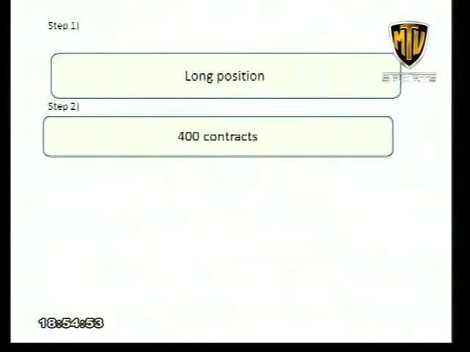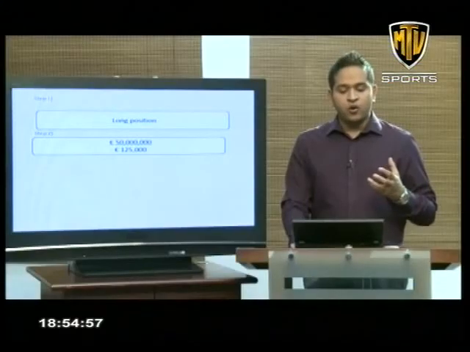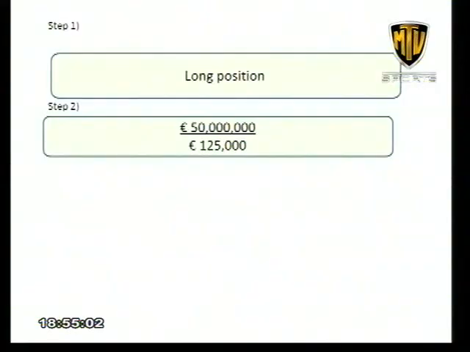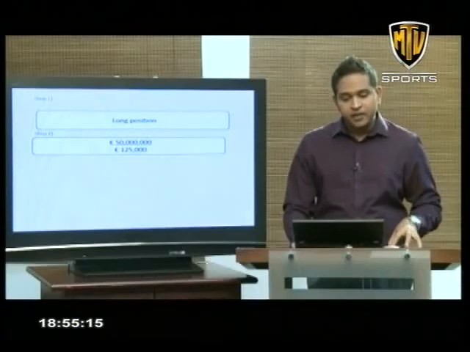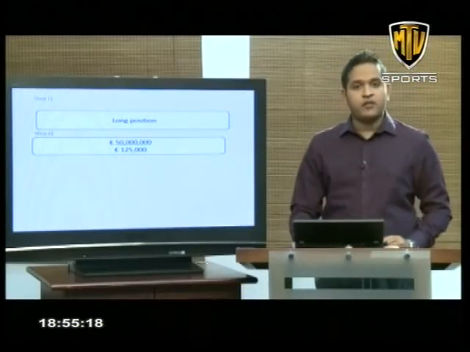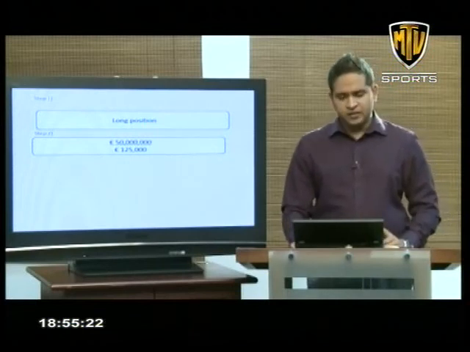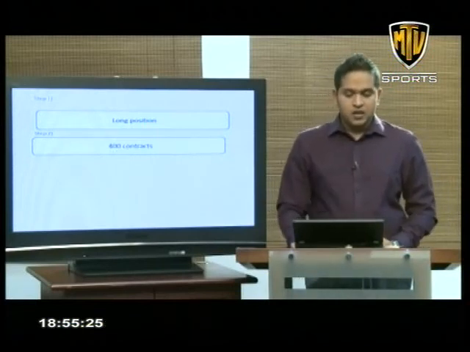Just a small point here: if your contract currency and your transaction currency are two different currencies, then you have to use the futures trading price as of the beginning to convert your transaction currency to the currency in which your futures are denominated, then find the number of contracts. I'm sure you would have come across this in your past paper analysis. Keep that in mind, very important.